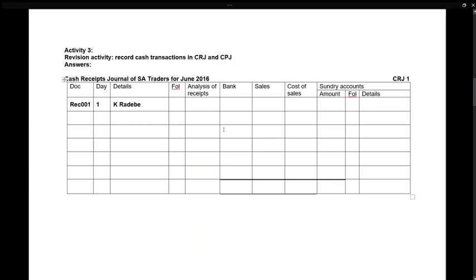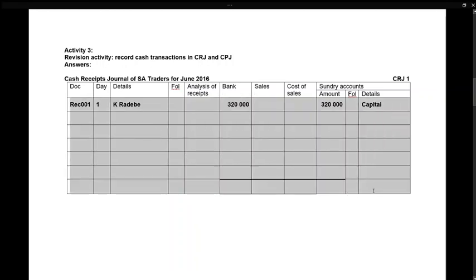Remember, it was a direct bank deposit, so we didn't have an opportunity to analyze it first. It was paid directly into our bank account. 320,000 Rand. Did we receive this money because of sales? No. Because of cost of sales? No. We need to put it in our sundry accounts. 320,000 Rand. And the reason is capital. That's why we put it in our sundry accounts.